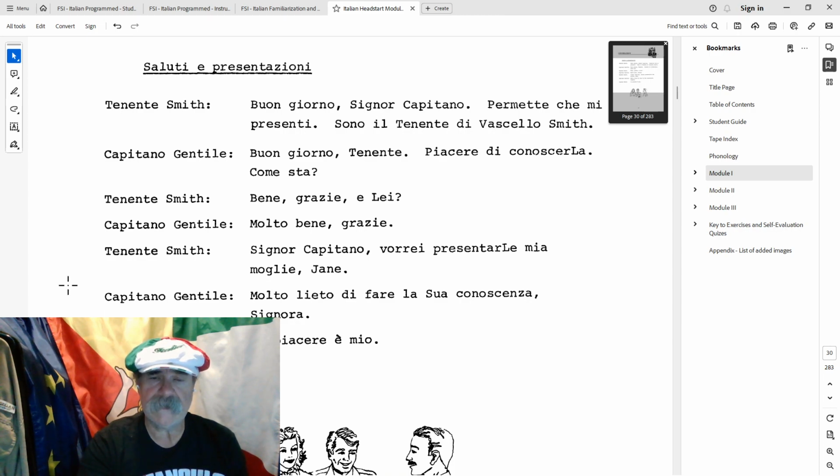Molto bene, grazie. Signor capitano, vorrei presentarle mia moglie Jane. Molto lieto di fare la sua conoscenza, signora. Il piacere è mio.